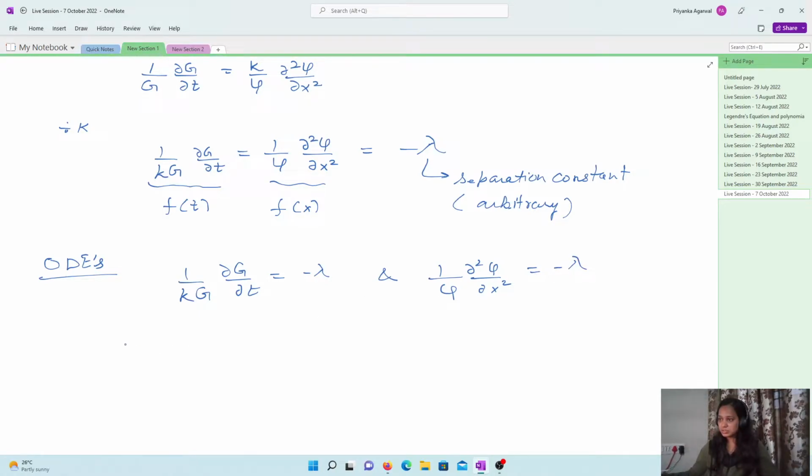Now this becomes del g over del t equals minus k lambda g and del square psi over del x square equals minus lambda psi. So this is what we have right now. Got it?